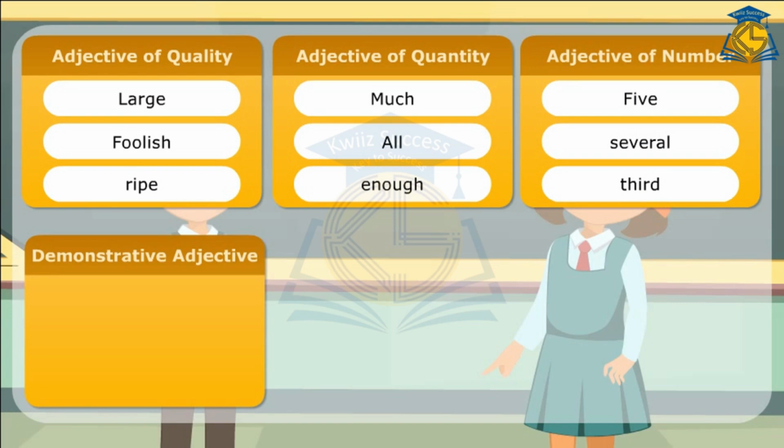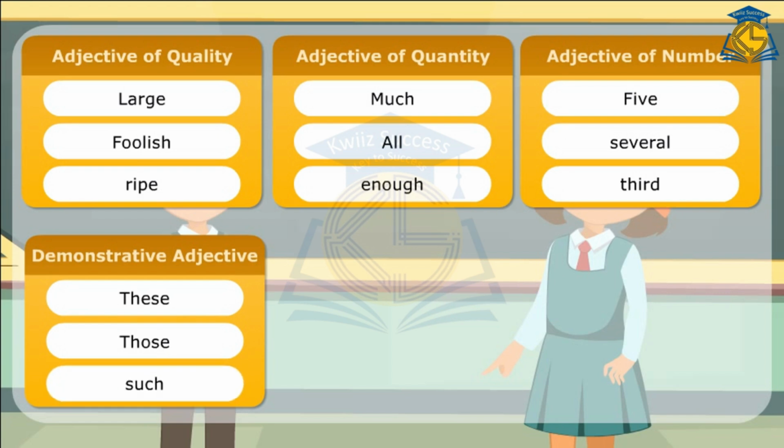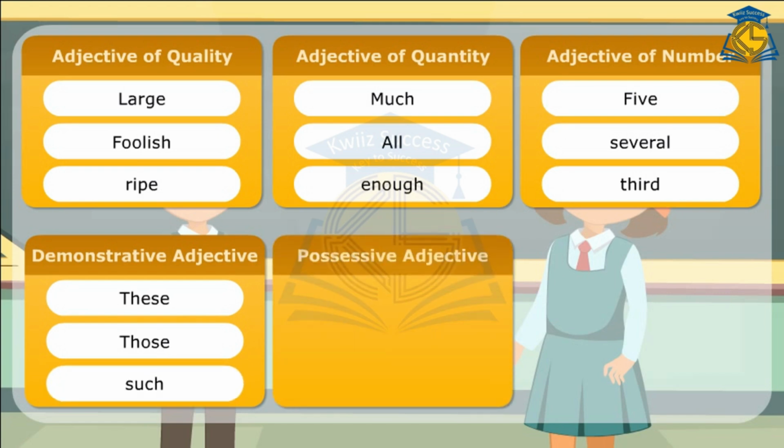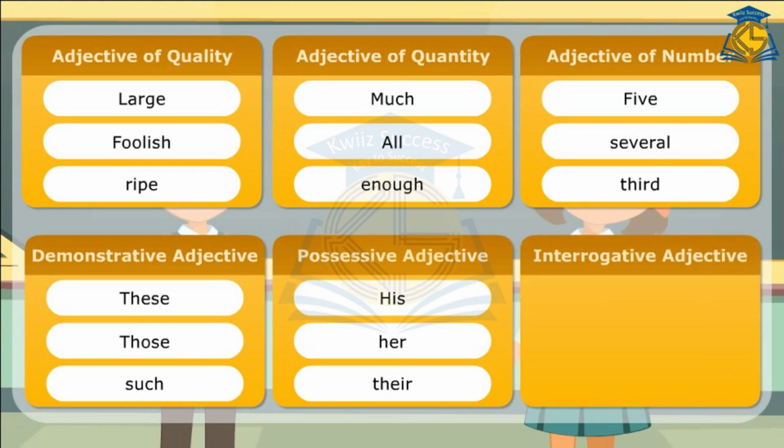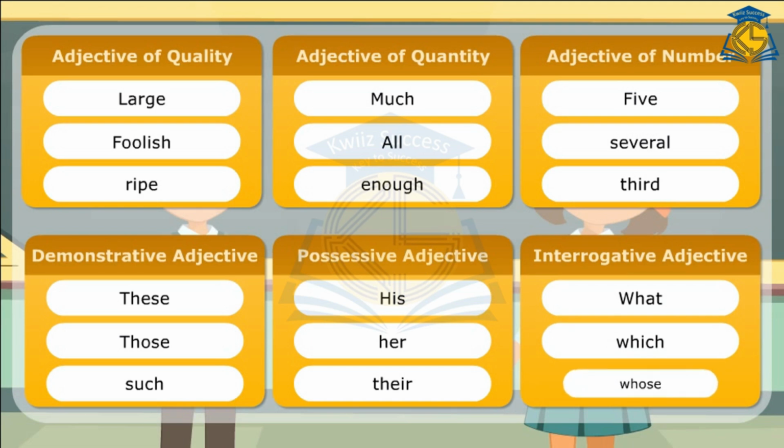Demonstrative adjective: these, those, such. Possessive adjective: his, her, their. Interrogative adjective: what, which, whose.